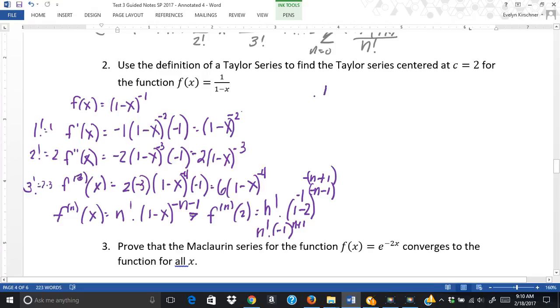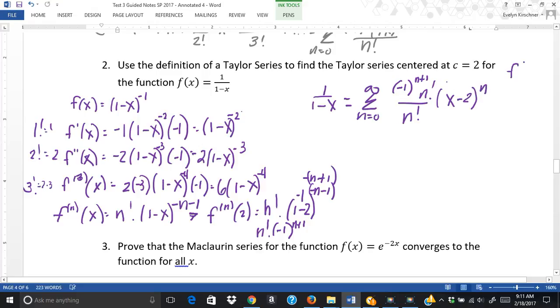So this tells me that 1 over 1 minus x is the sum, n equals 0 to infinity, of negative 1 to the n plus 1 times n factorial, and then I remember I have to do, that's just this part, and it's always over n factorial, so it's over n factorial times (x minus 2) to the n, because this part comes from the Taylor series, right?